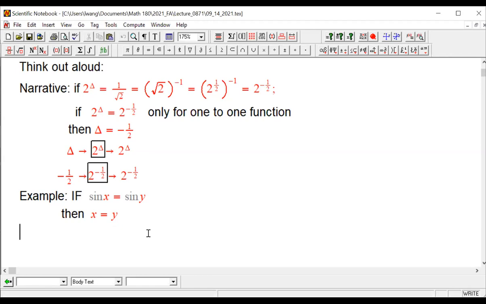I assume that not everyone in the classroom actually knows what I'm talking about, right? What is sine x? What does it mean that sine x equals sine y? It's an if statement. It basically says, okay, x, we apply the rule of sine.